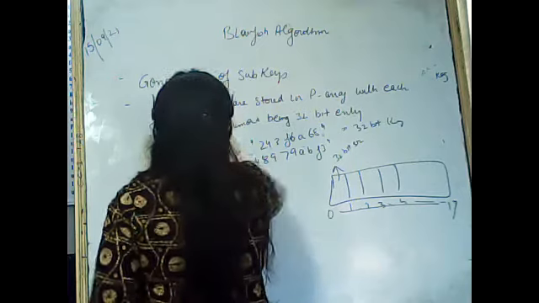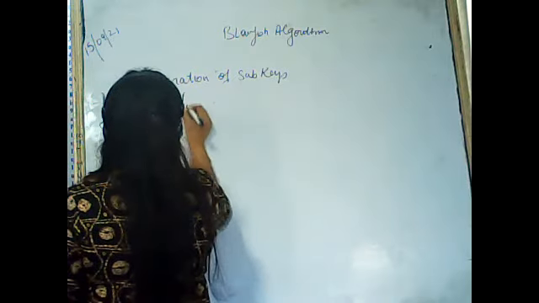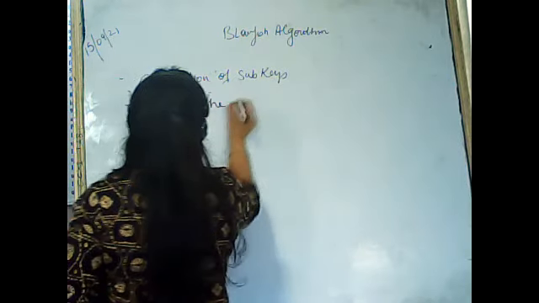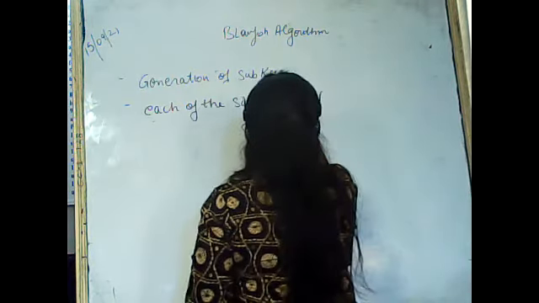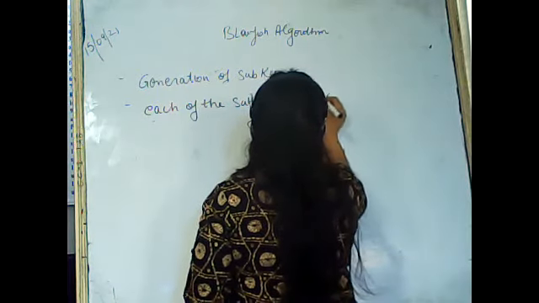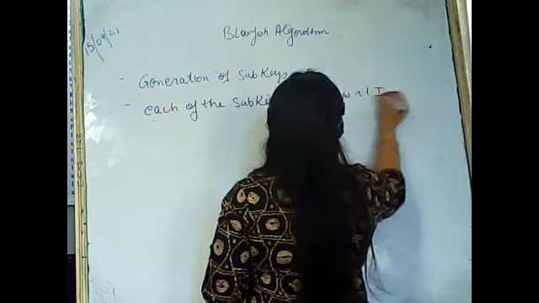Okay, so the next point is that each of the subkeys in the P array, starting from P0, is changed with respect to the input key.